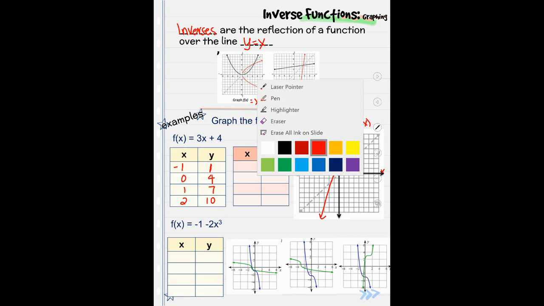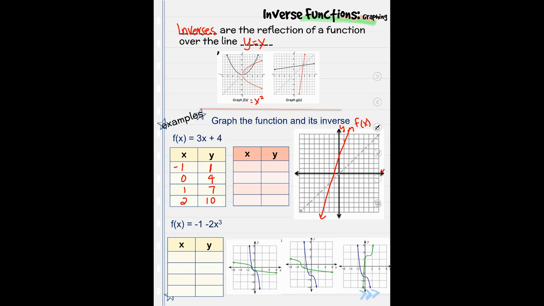Let's get a different color. All right, so now I'm going to flip my x's and y's. So my x here for my inverse, this is my inverse, is 1, -1; 4, 0; 7, 1; 10, 2. Now I'm going to plot those points.